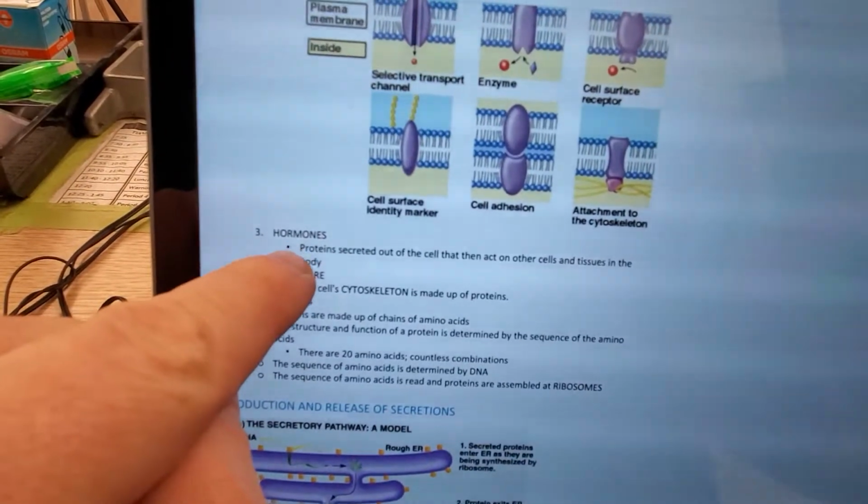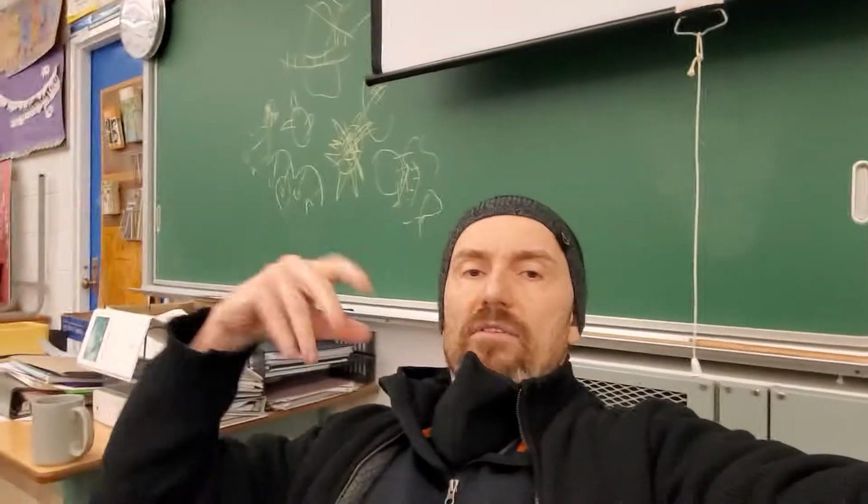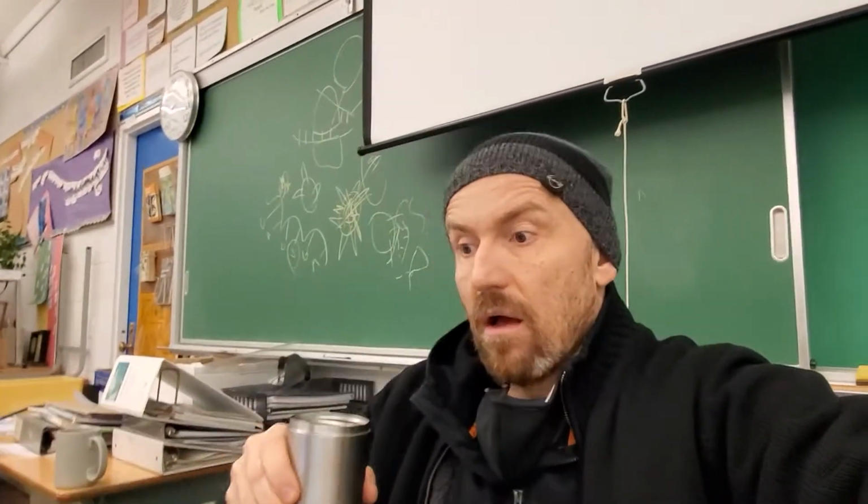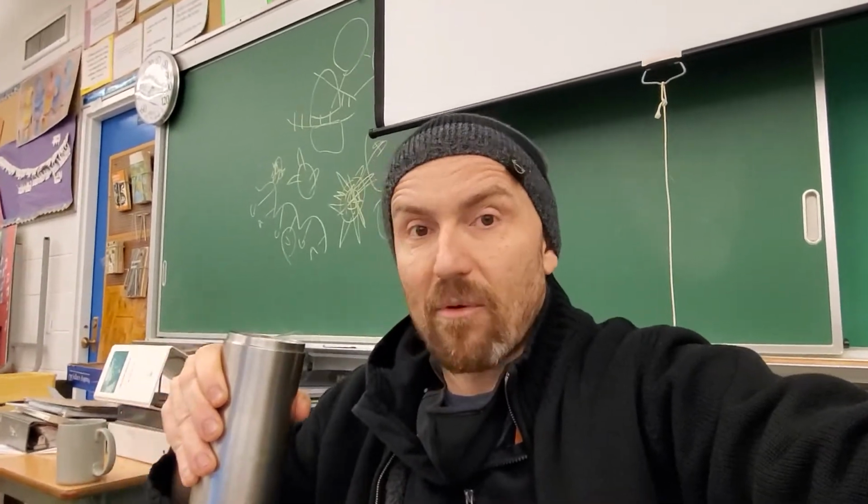You can also have proteins that are hormones. Hormones are very important. Hormones travel around the body and they activate parts of the DNA in their target cells. So all of a sudden they activate your muscle cells to be faster.